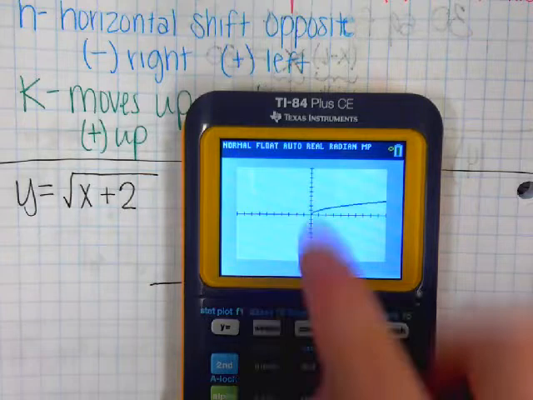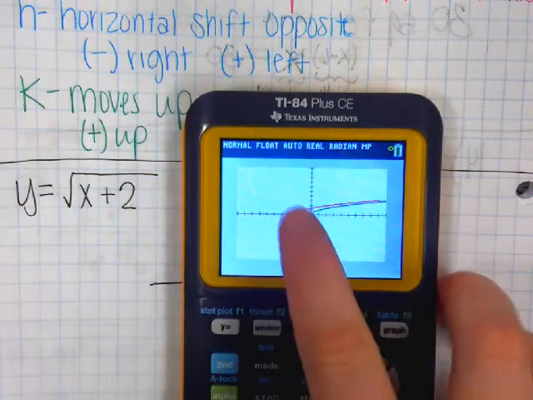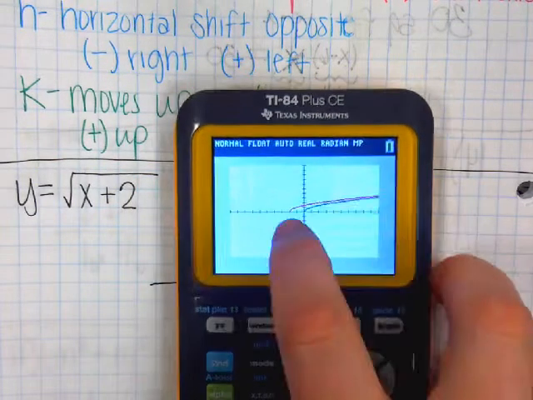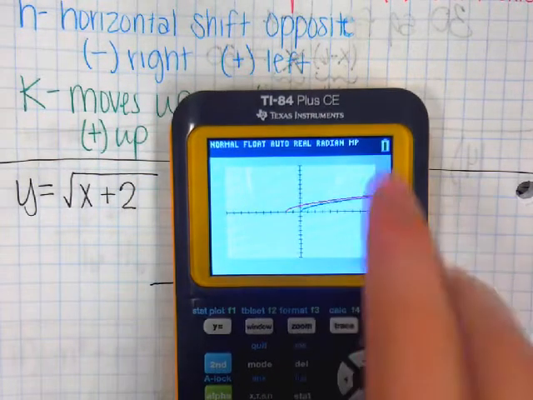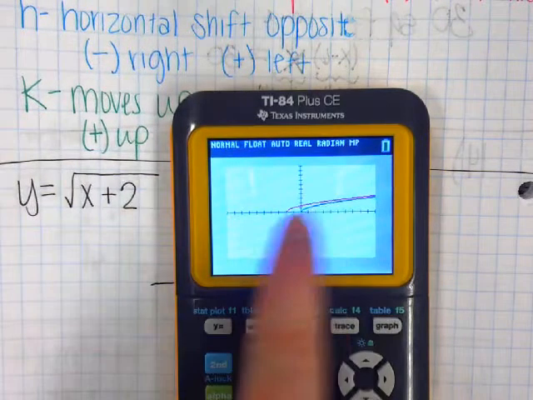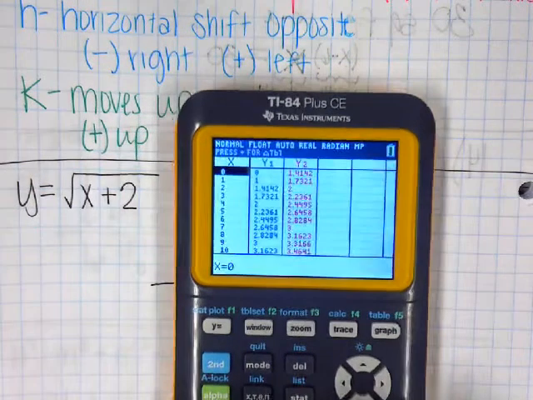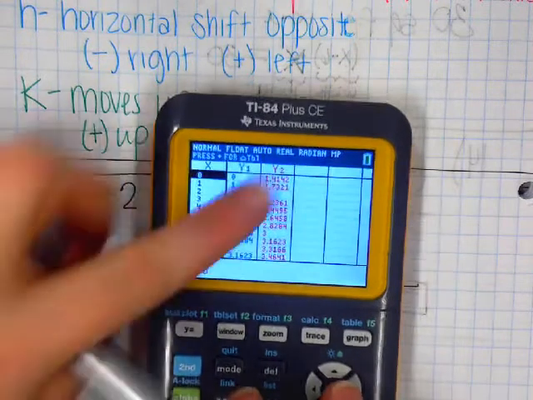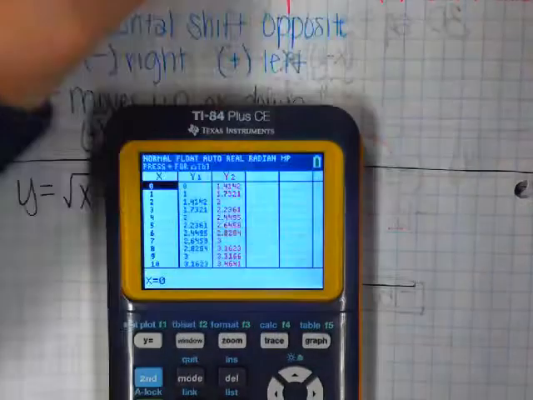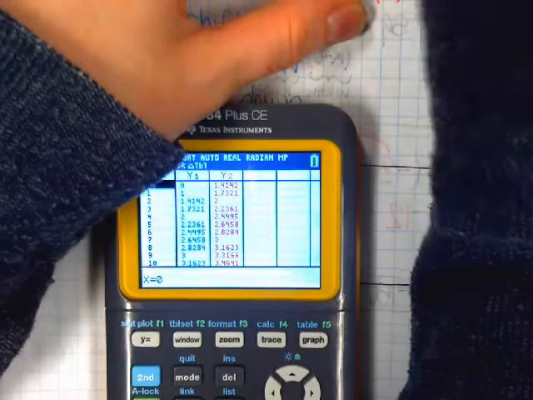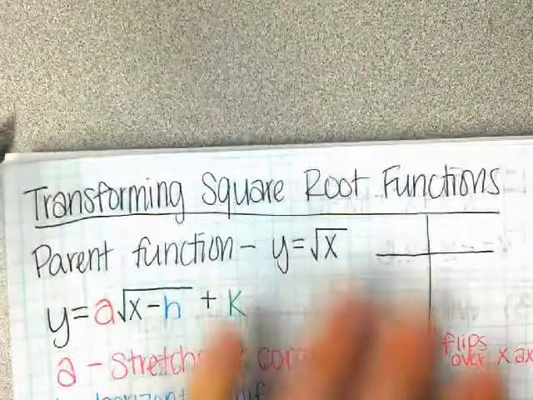So now if I hit graph, there's the parent function, and then there is the shifted one. And notice it did shift left like we said. So go ahead and hit second graph so we could get some points. I'm going to write the table for the parent function just so that you have it.